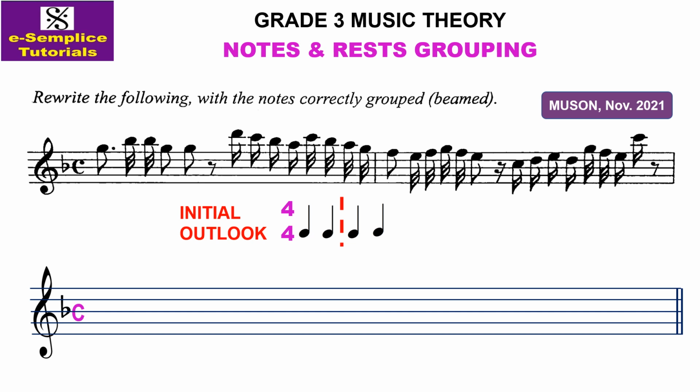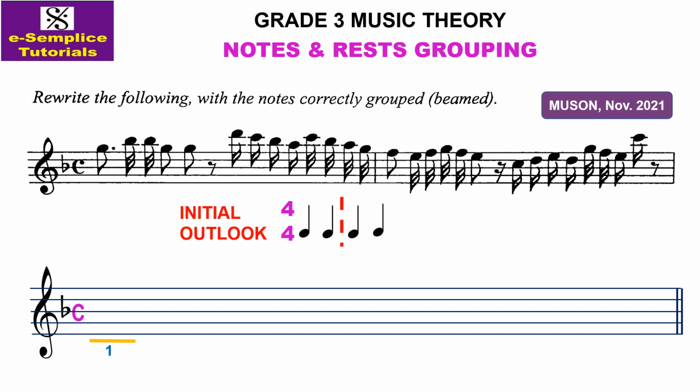It will really aid your comprehension if you can see our previous videos on simple time and compound time, notes and rest groupings. Now for a start, let's work. Remember, the rule is complete one beat before the next beat.